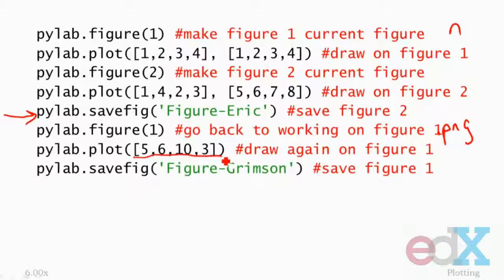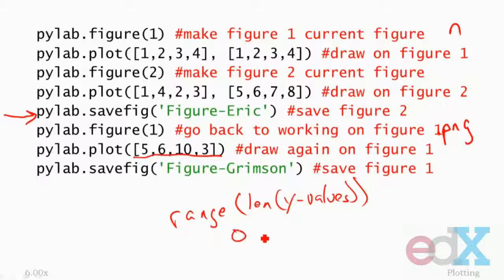Here I've only given it one set of values. When you only give it one, it's the y values. The x values will then default, in this case, to range of whatever the length of the y values is. So here the x values will be 0, 1, 2, and 3.